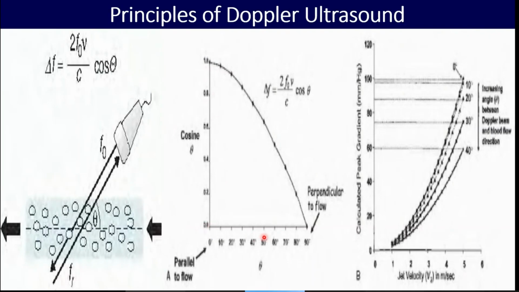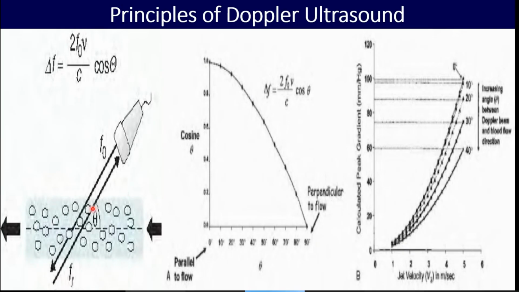But if the cosine theta is 0, which means that the echo beam is perpendicular to the flow of blood, the echo beam will not be able to determine the speed and velocity of blood. And if you increase or decrease this angle up to 20 degrees, it is acceptable.